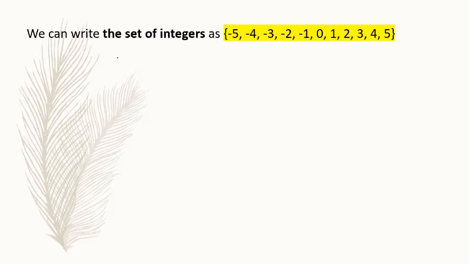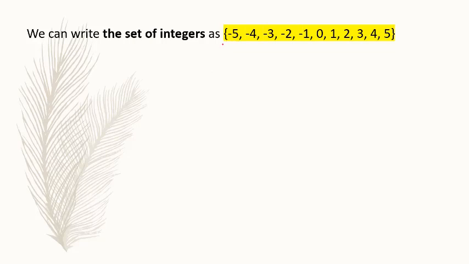We have another set of numbers. The set of integers. What does that mean? The integers include the negative numbers, 0, and the positive numbers. Whenever you have negative numbers, 0, and positive numbers, then you have the set of integers.